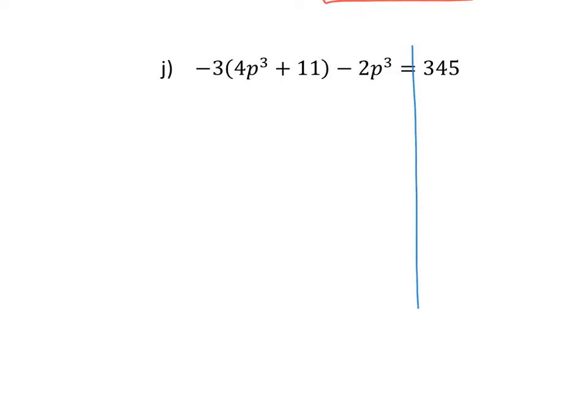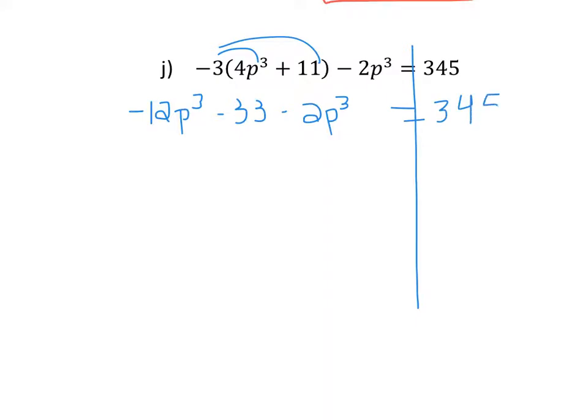The first thing I would do is distribute that negative 3. Negative 3 times 4p to the third is negative 12p to the third. Negative 3 times 11 is negative 33. Bring down the minus 2p to the third, and that equals 345.